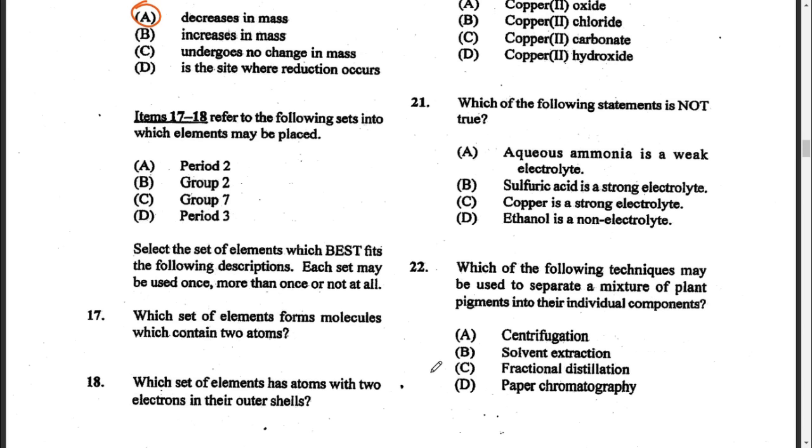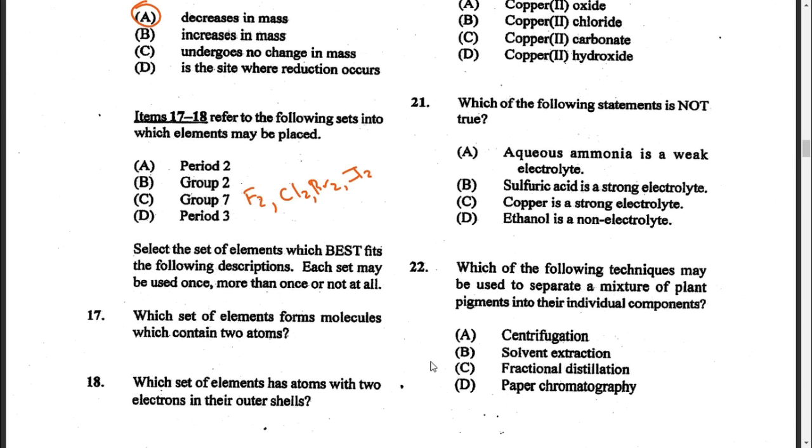17. Which set of elements forms molecules which contain 2 atoms? That would be the group 7 atoms, such as fluorine, chlorine. So group 7, fluorine, chlorine, bromine, iodine.